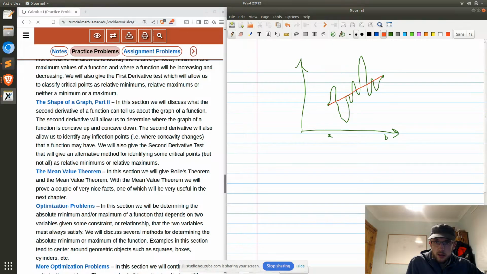There is somewhere on this curve that has that slope. Somewhere. At least one place. There, it seems. Possibly also there, and there, and there. You know, many places in this case, but there's at least one place.